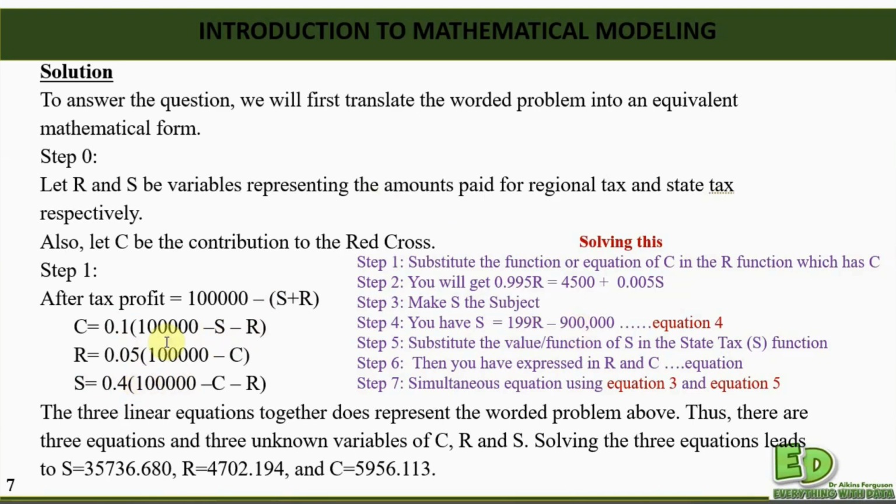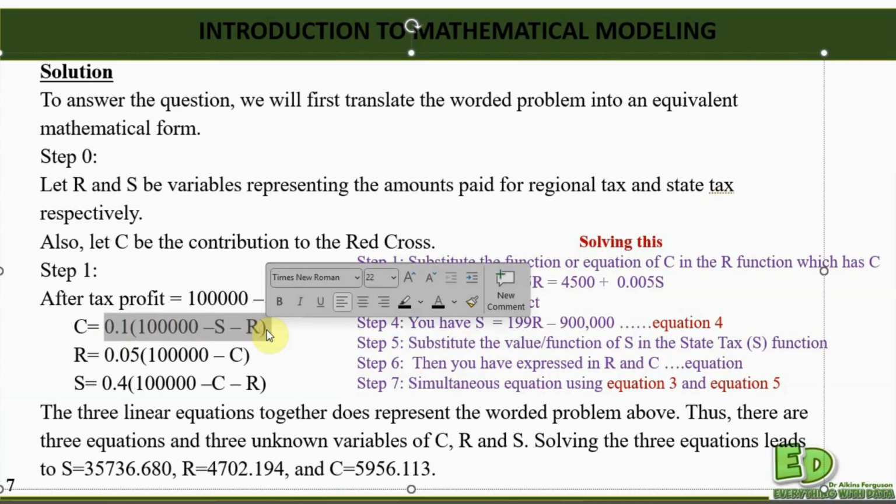So step one in solving this is to substitute the function or equation of C into the R function, which has C. So we substitute that of C here into R here, which is having the C. In place of this C in the R function, you're going to represent it with this.